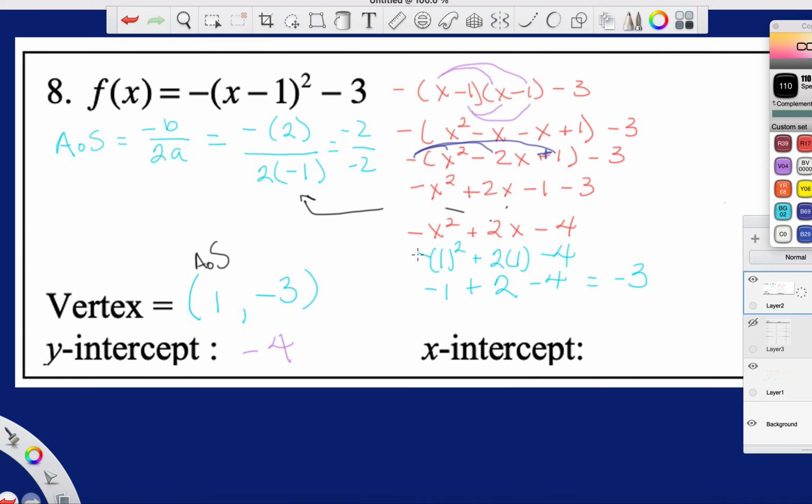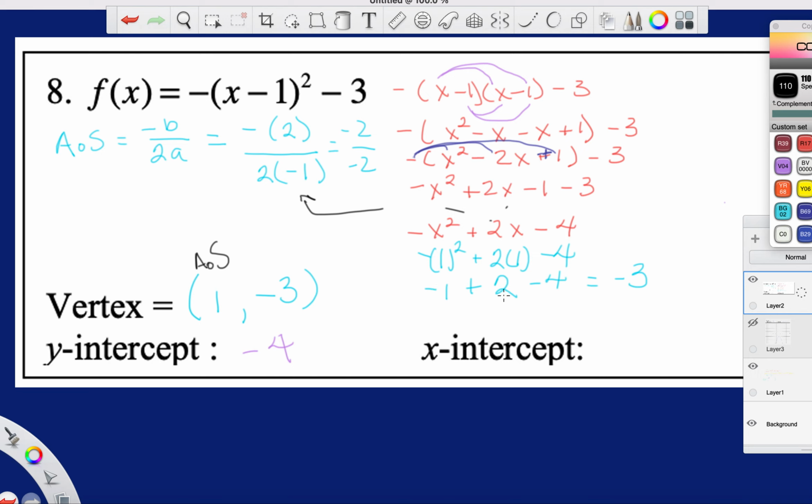So the negative 1 squared is negative 1. Because you have to square it first and then put the negative on. Then 2 times 1 is 2 minus 4. So negative 1 plus positive 2 is 1. 1 minus 4 is negative 3.